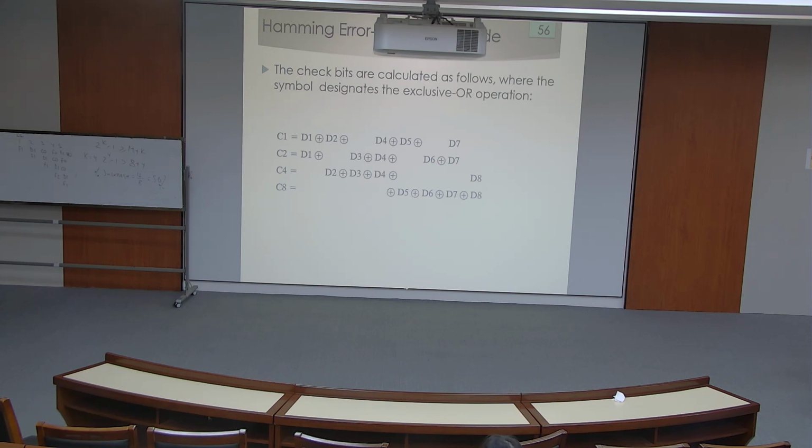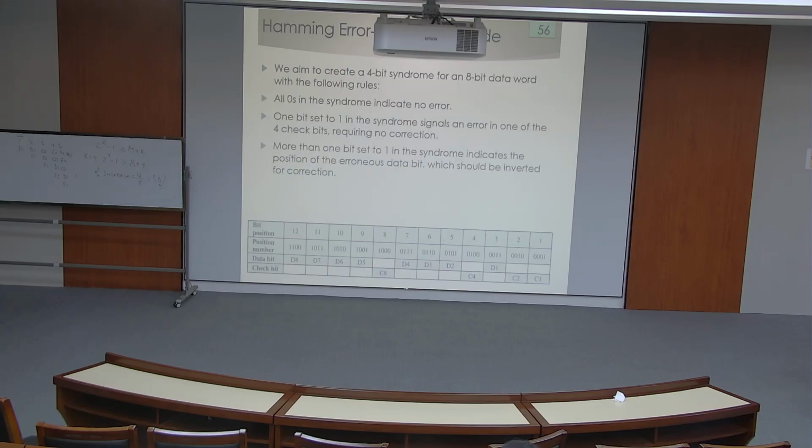Has everybody understood how to get C1, C2, C4, C8? From the last class, right? Yes or no? Because we're going to do a short in-class quiz, make sure you have understood this. Please take a picture of this screen.